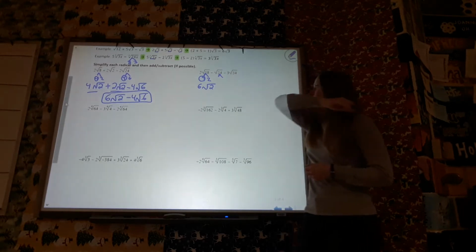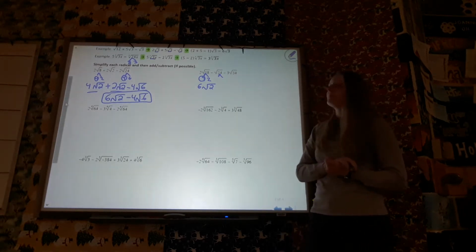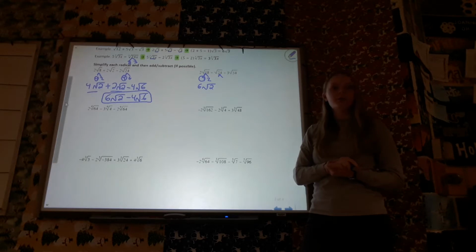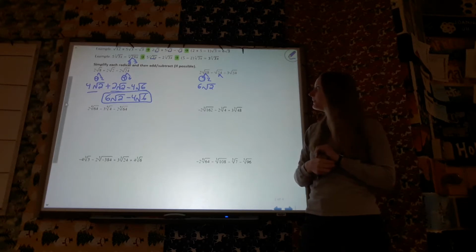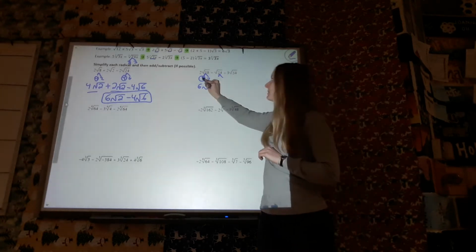Alright, how would I simplify 24? Why is it 6? Because you're bringing the 3 out to meet the 2 and they multiply, just like we talked about last class. Yeah, because the square root of 9 is 3.